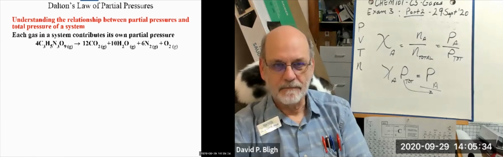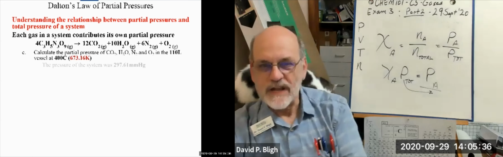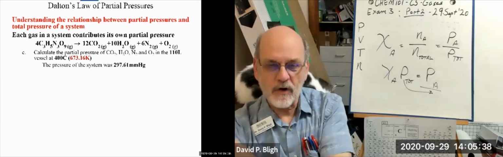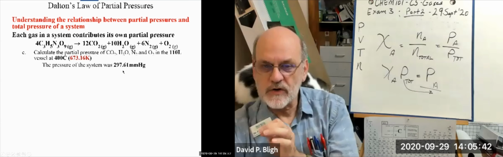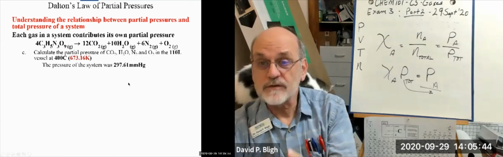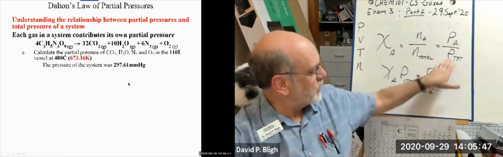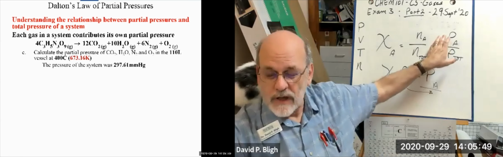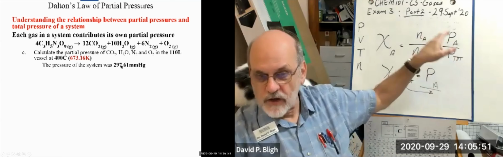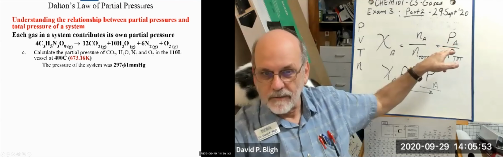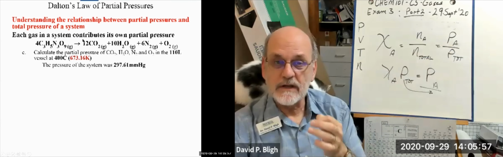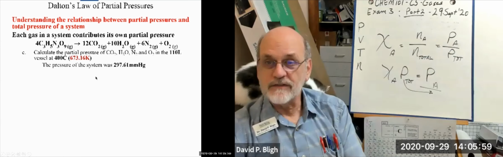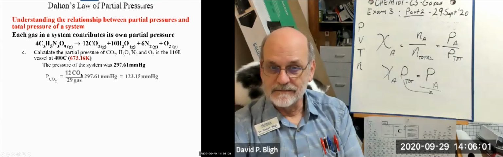Okay. So each gas contributes its own partial pressure. If the total pressure is 297, what's the partial pressure of each one? Well, we use that ratio, each to the whole, right? There's the whole. So the mole fraction we know is going to be, for carbon dioxide, 12 divided by 29, right?